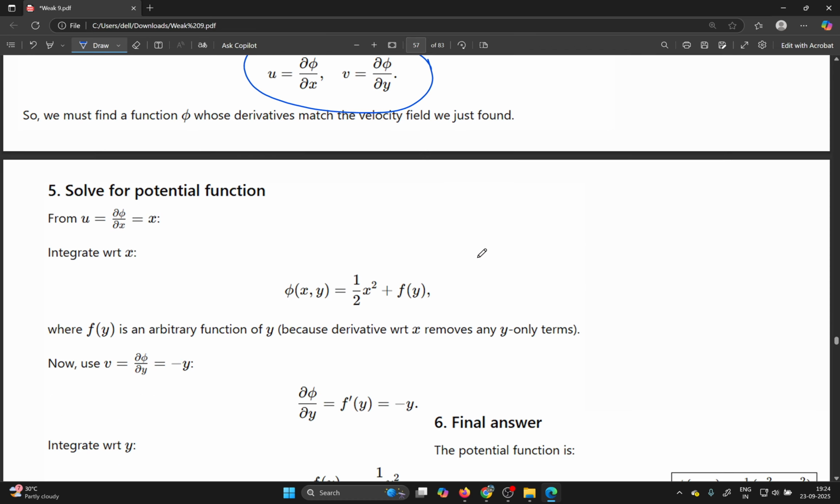Now you can differentiate. Once you differentiate, you will get what? Del phi is equal to x del x. So when you integrate, you will get what?